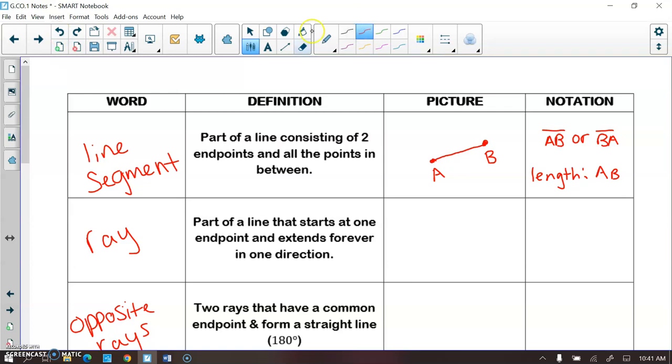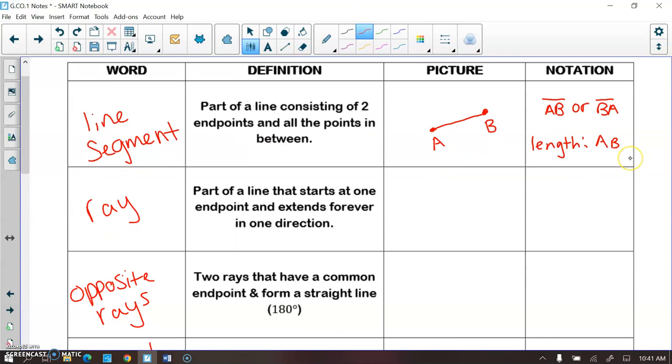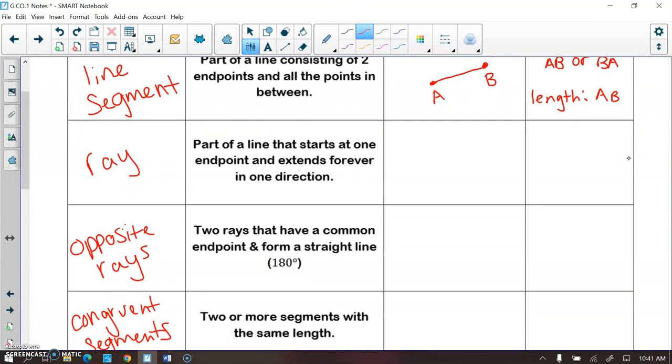Okay? All right. Part of a line that starts at one endpoint and extends forever in one direction, that's a ray. So we start at one endpoint, and then it goes forever in one direction. When we are naming a ray, we need two points on it: the endpoint of our ray, and another point on our ray.